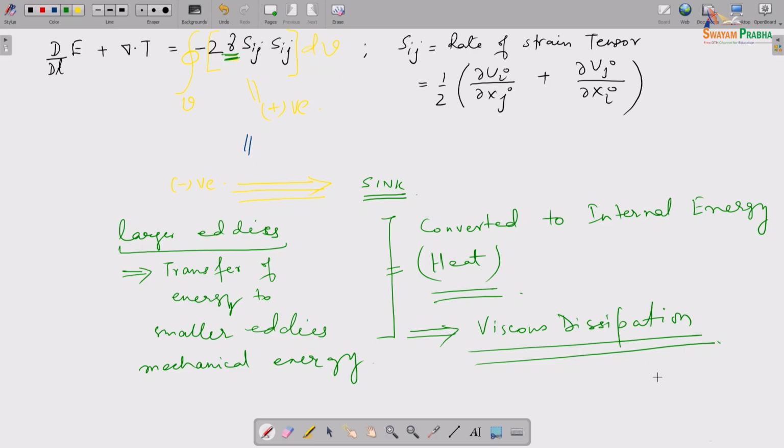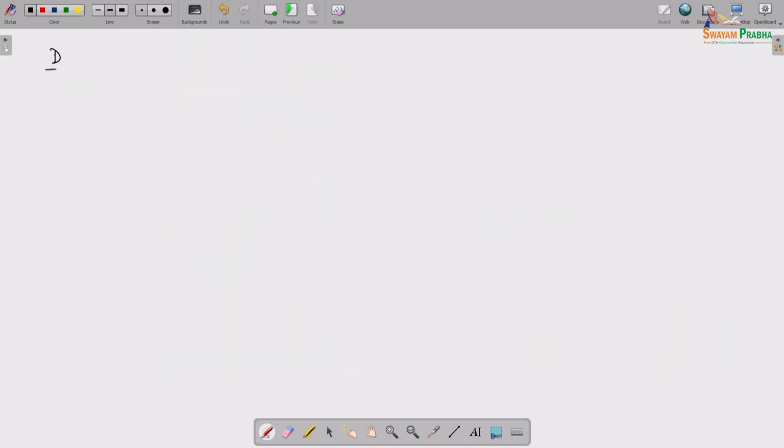Then the next thing that we did is we took a mean of this equation. Let's do that again. Okay, so we have something. Now if I simply take a mean of this, right?